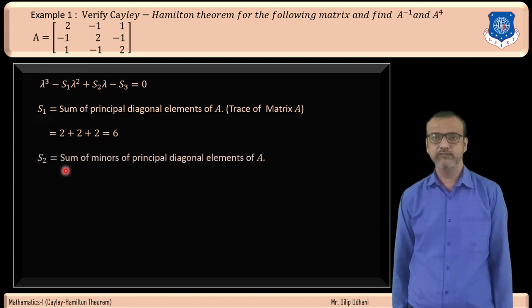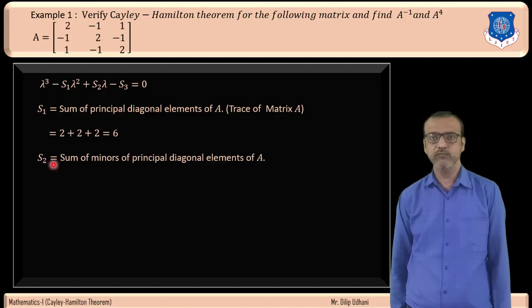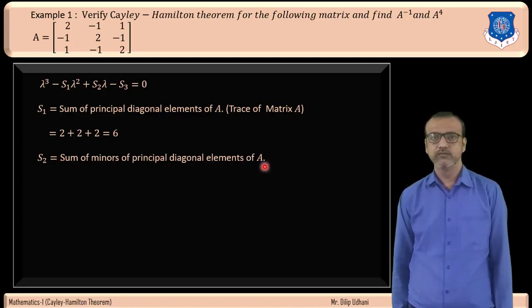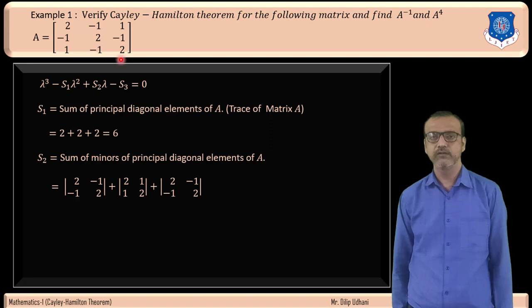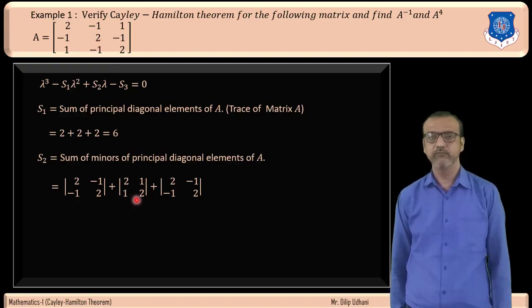Now we will find S2. S2 is the sum of minors of principal diagonal elements of A. So the minor of 2 is 2 minus 1 minus 1 2. The minor of 2 at position 2 2 is 2 1 1 2. And the minor of 2 at position 3 3 is 2 minus 1 minus 1 2. Now we will find these minors.